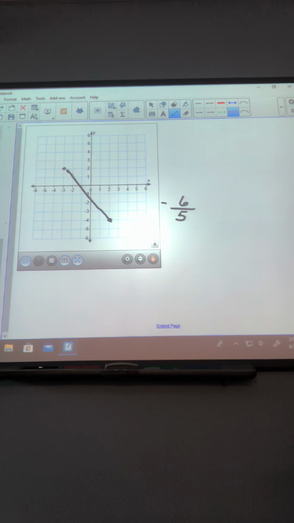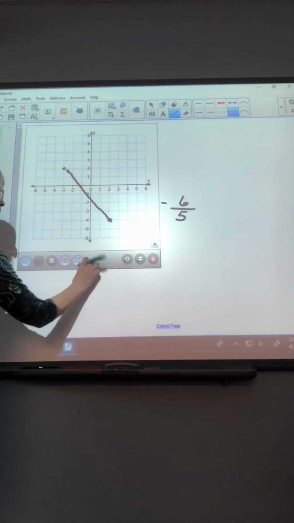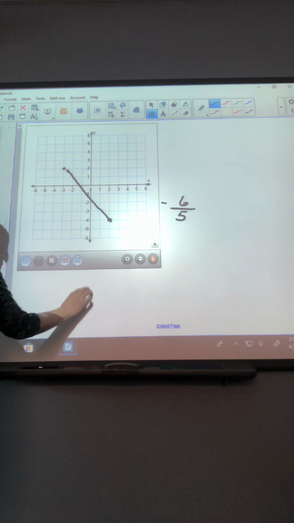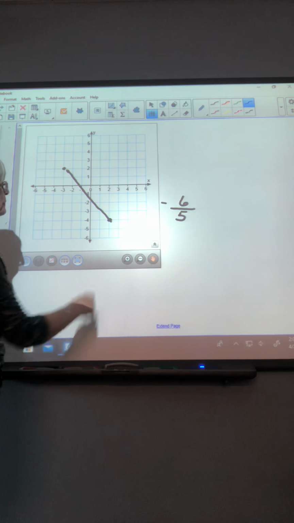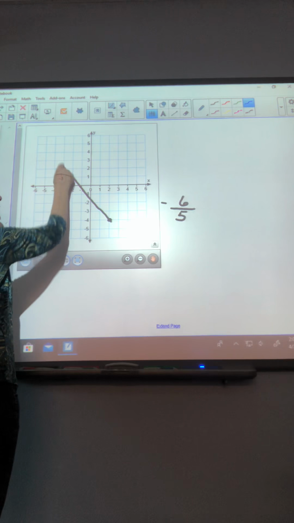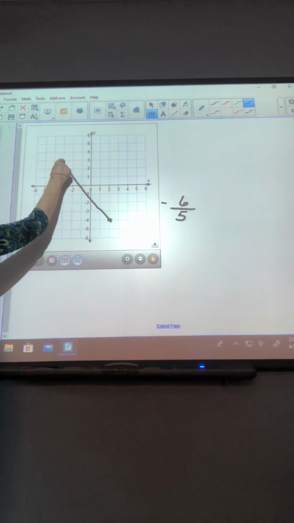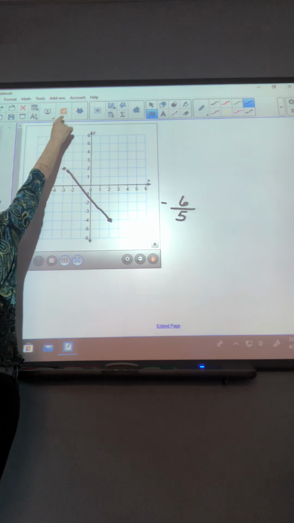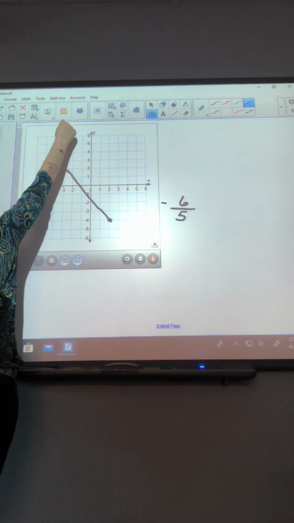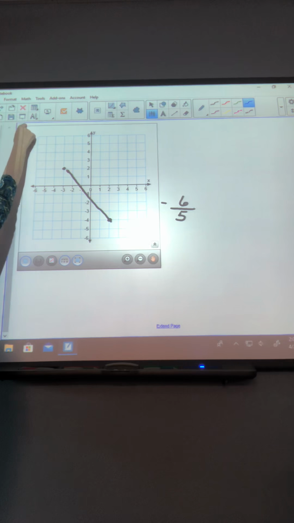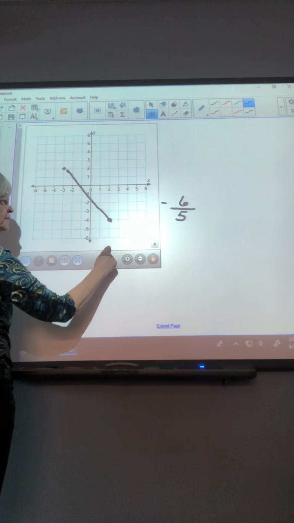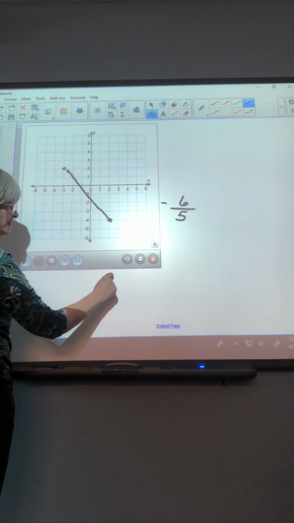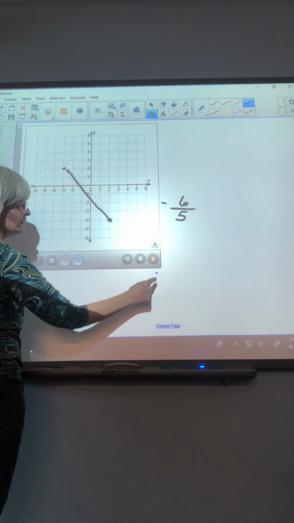We could find another point. Okay, we can find another point by using either this point or this point and rising 6: 1, 2, 3, 4, 5, 6. So it'd be like there. And then going to the left 5, 1, 2, 3, 4, 5. So it'd be right there. Or we could fall 6, 1, 2, 3, 4, 5, 6, and then over to the right 5, which would be about right there.